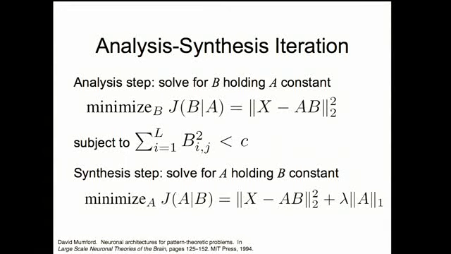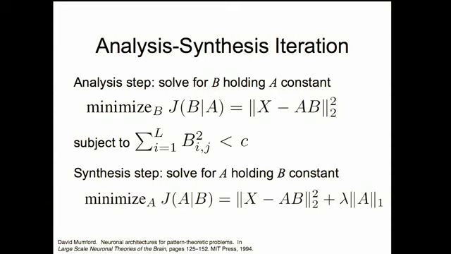There's a variety of ways of solving for both the basis and the coefficients. One of the standard ways is to break the problem down into two separate optimizations, each of which are convex, and then to alternate back and forth between the two. And this generally results in a relatively fast convergence to a solution which is quite useful in practice.